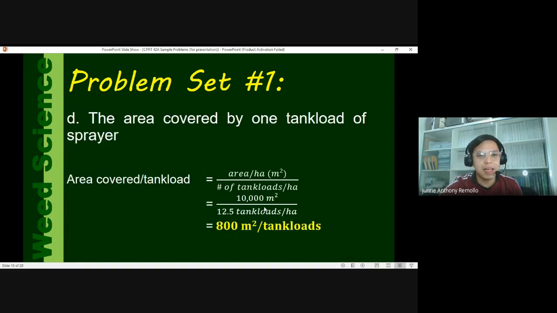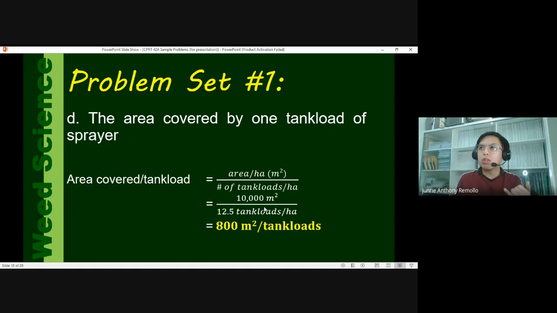Okay. And then the last one, we need to compute the area covered by 1 tank load of sprayer. In order to obtain such, we need to divide the area by the number of tank loads per hectare. So we need to express the area in square meters.